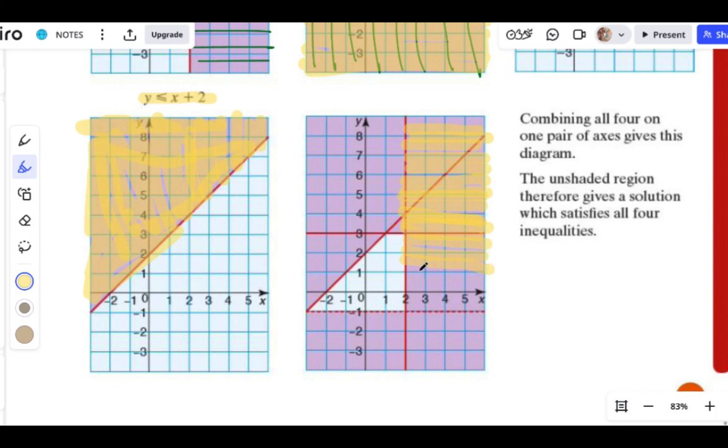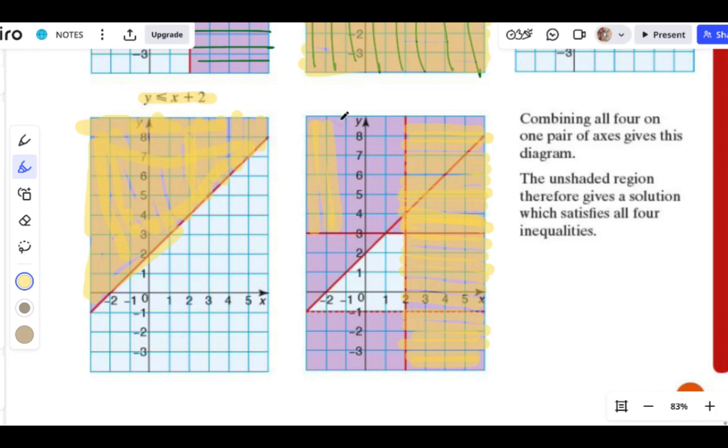So we shade this way, the region which does not satisfy this inequality. Now, let's take a look at this other inequality. For this one, we say that y is lesser than or equal to 3, so we shade the top, because it's your wanted region.